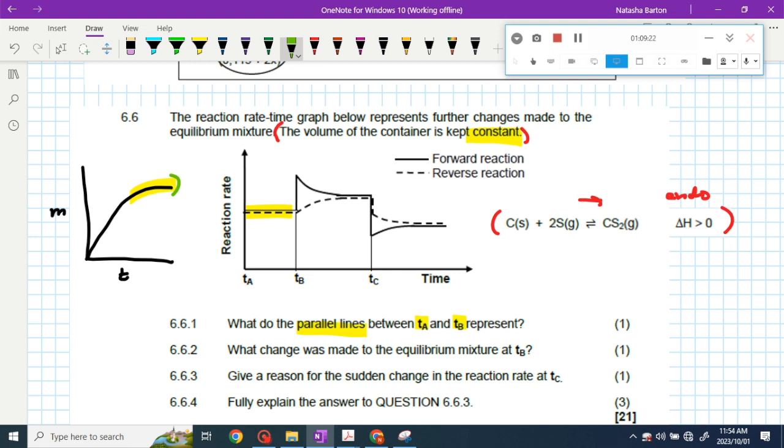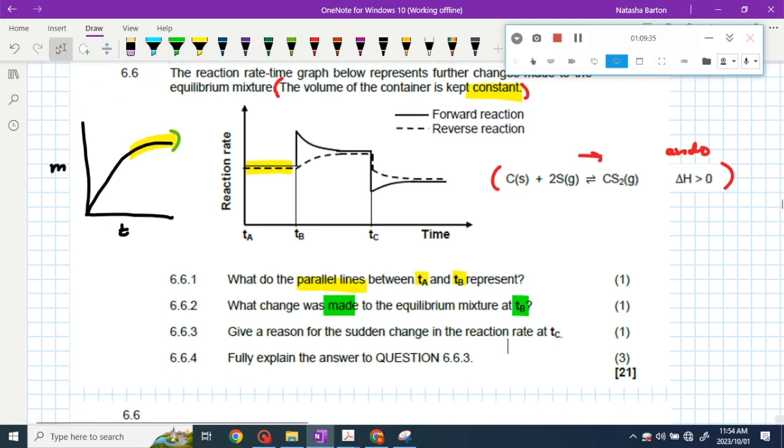Okay, the next one says, what change was made to the equilibrium mixture at TB? Now here, we are dealing with gases. So we know if there was a change in pressure, both reaction rates would have to be affected, okay? If there was a change in temperature, because temperature affects kinetic energy and will determine whether the reactants or products have energy greater than or equal to the activation energy, we know temperature would affect both reaction rates.